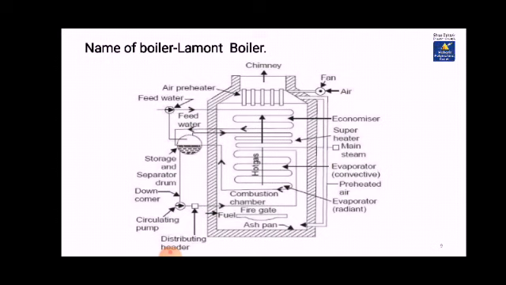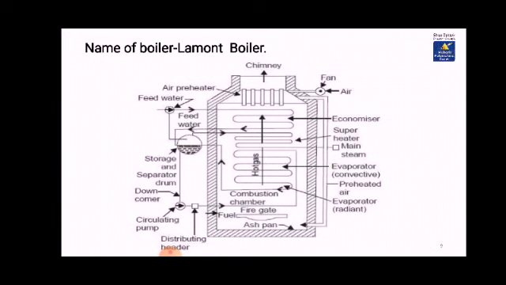This feed water is given to the economizer, it gets heated, and hot water is provided to the storage drum and then to the evaporator. So fuel economy can be very much sustained by using an economizer.